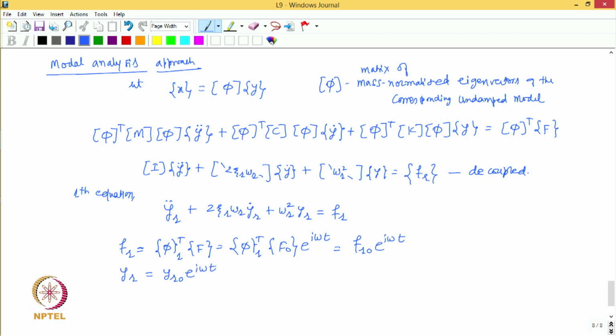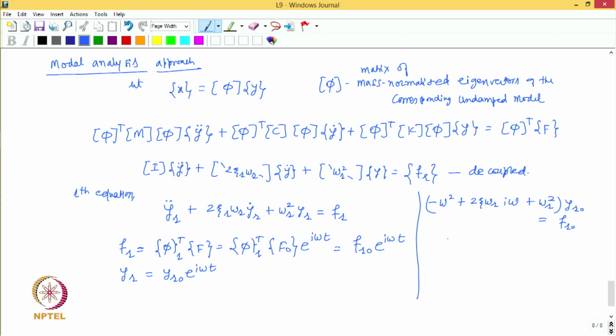If we substitute these two expressions in the Rth modal equation, what we get is minus omega square plus 2 zeta r omega r into I omega, plus omega r square, into y r o is equal to F r o.